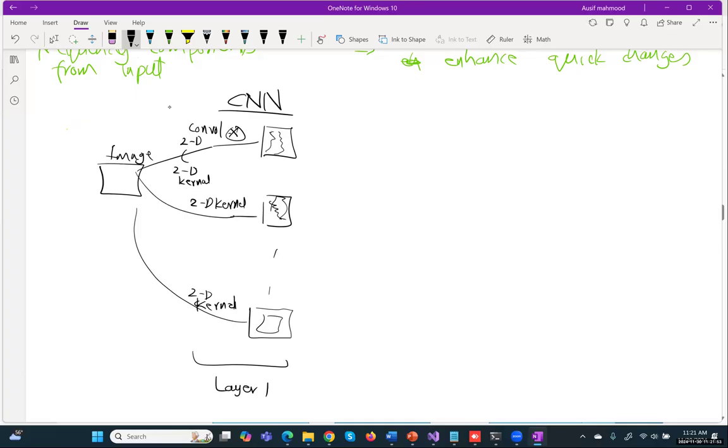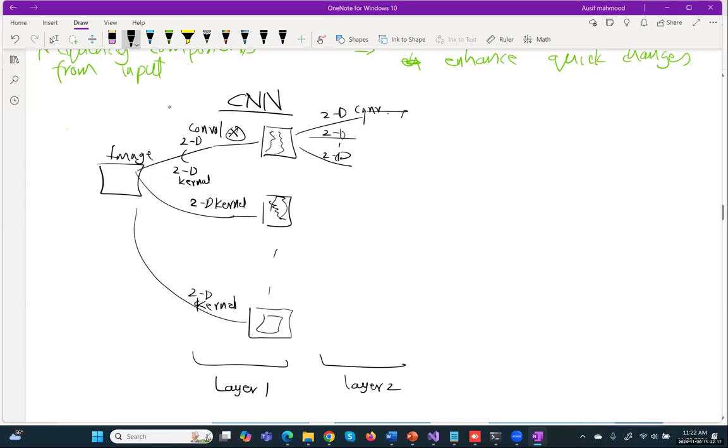So what do we do in layer two? In layer two, for each one of the outputs that we produce from the first layer, we will apply another 2D convolution, another 2D convolution, another 2D convolution.